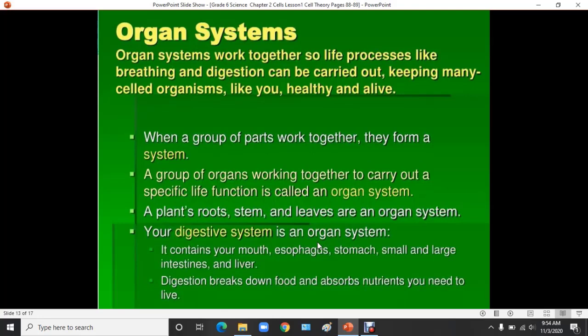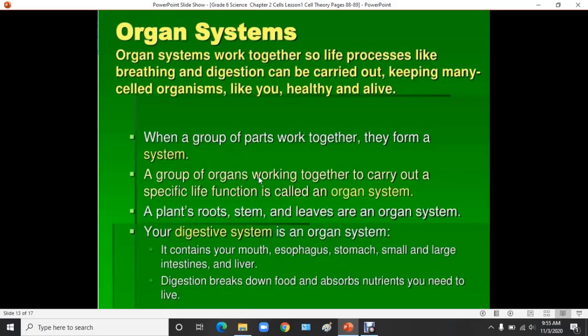Furthermore, when we talk about organ systems, organs work together so life processes like breathing and digestion can be carried out, keeping many celled organisms like us healthy and alive. When a group of parts work together, they form a system.